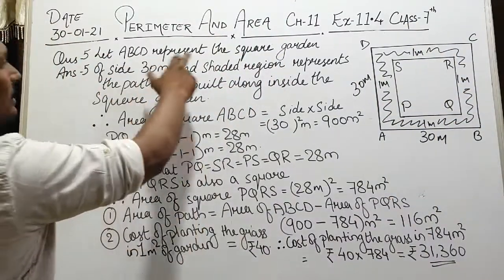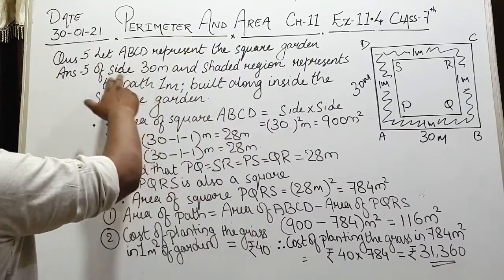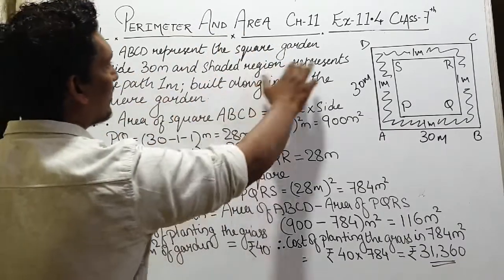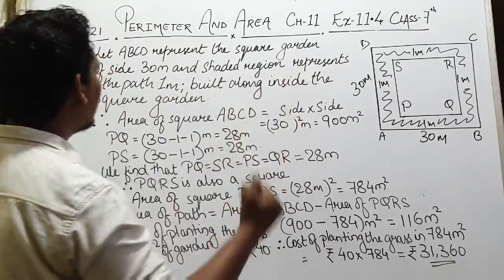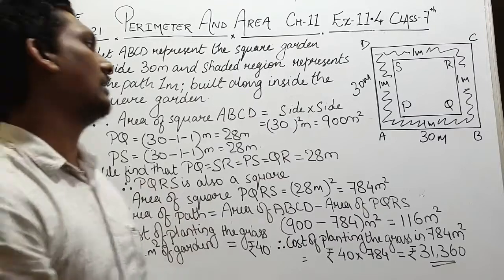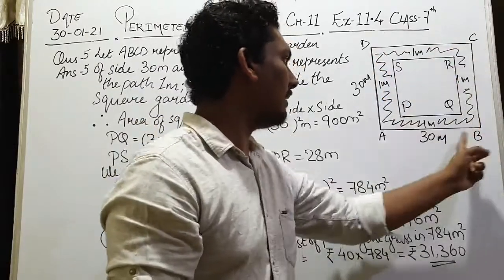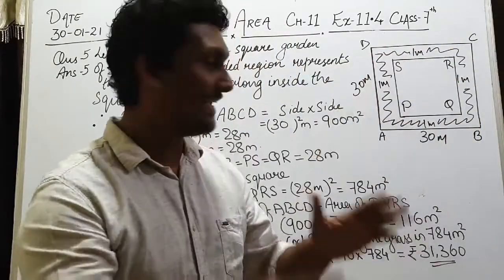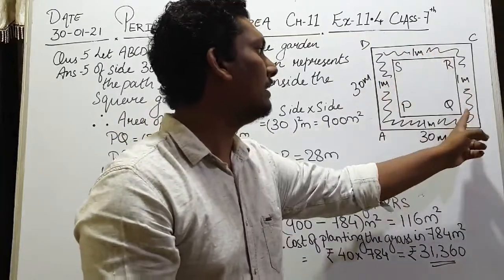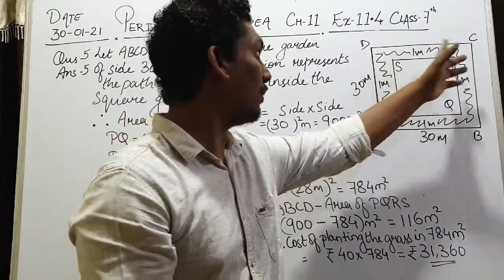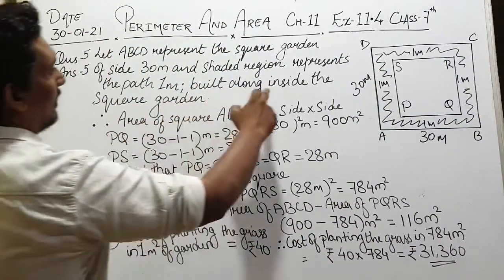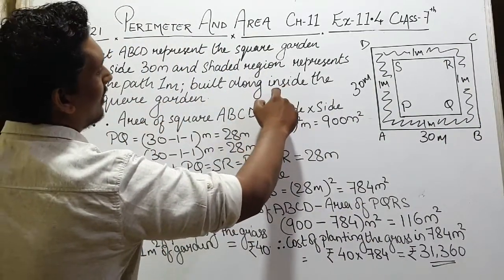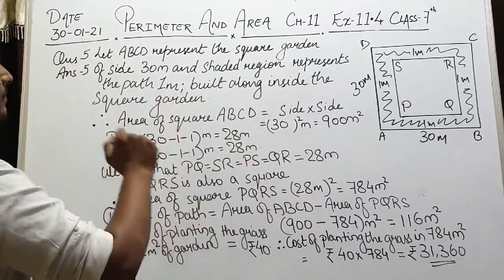So ABCD represents the square garden of side 30 meter, and the shaded region represents the path, that is 1 meter, built along inside the square garden. First this ABCD is made, after that inside this a 1 meter pathway is made. So this inside portion is there, inside the square garden.